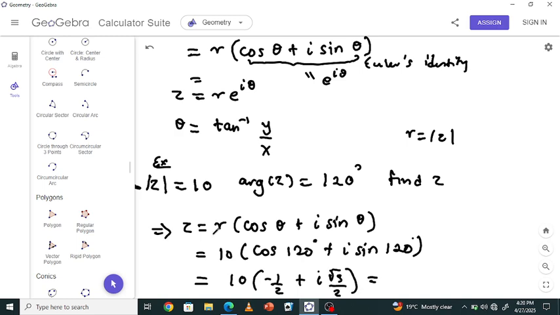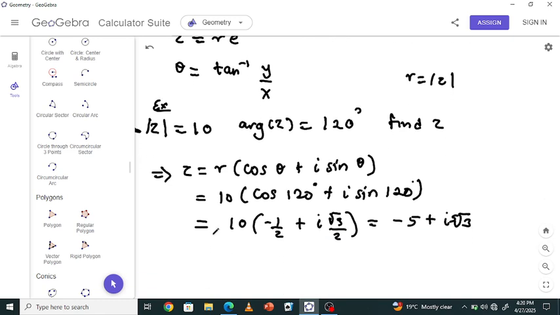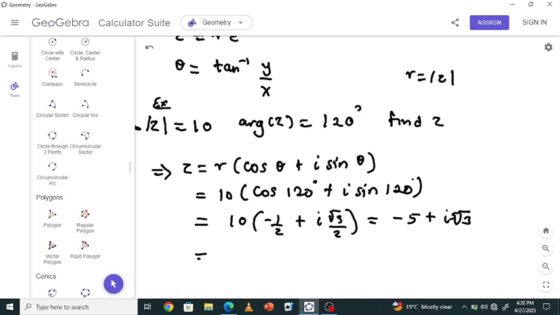And now when we simplify, that gives us minus 5 plus I 5 root 3. And this one is from being given the angle and the modulus, asked to find z.